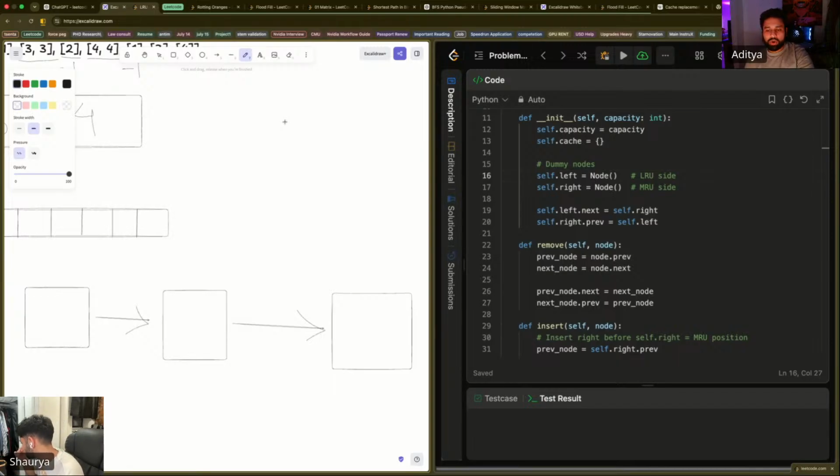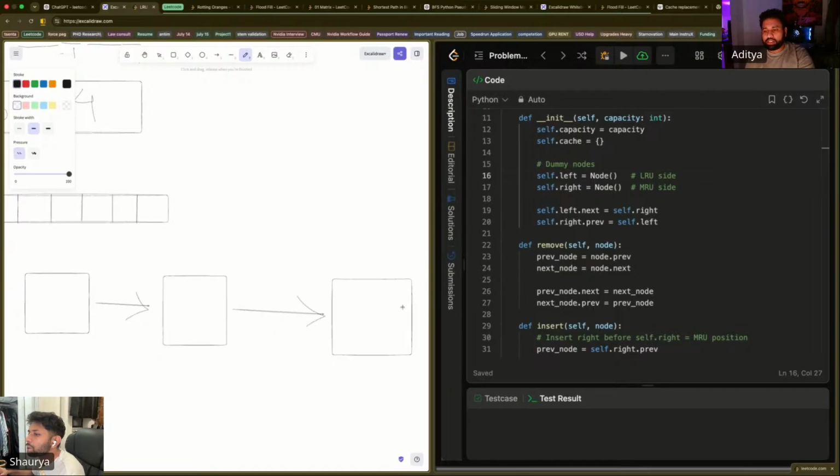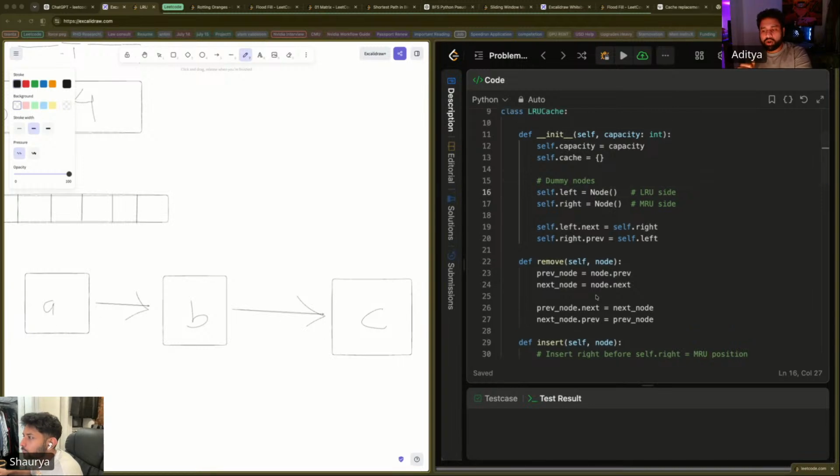Let's name the nodes A, B, C. For A, the node.next will be B, right? And for B, the node.next will be C.